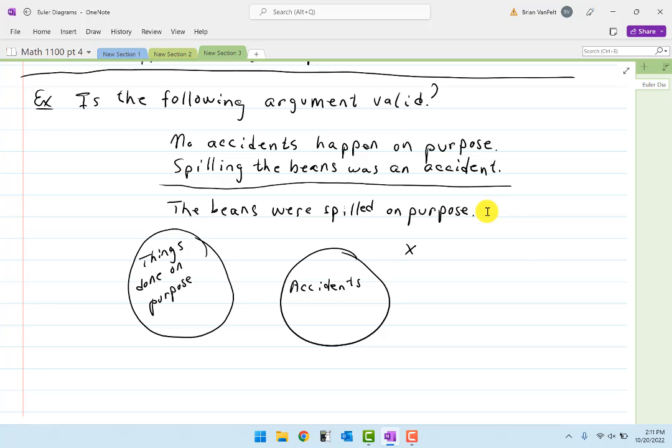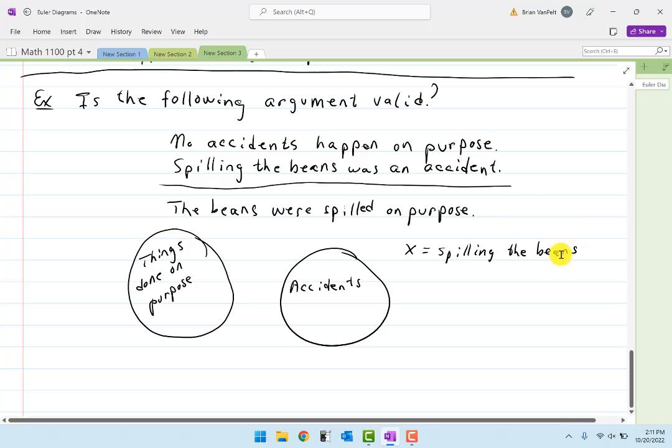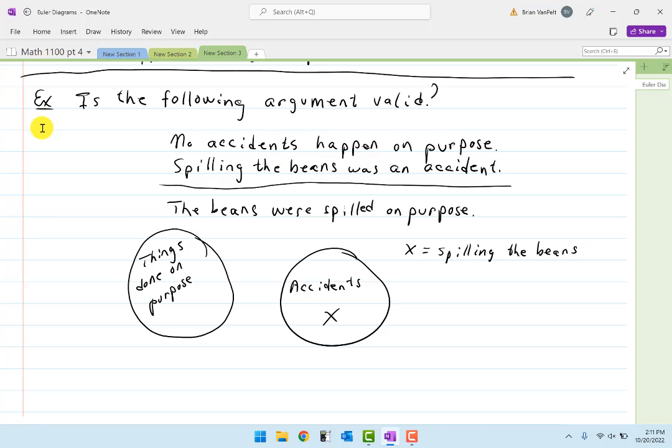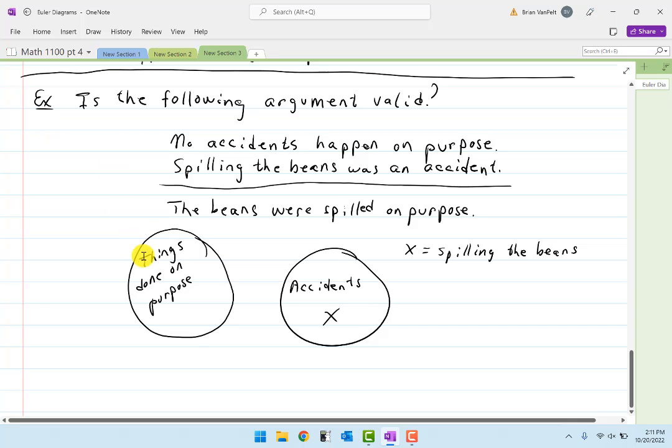Let's let X, just like you do in math, I'm going to let a variable stand for spilling the beans. Alright, so let's take a look. I am told that X, since it's spilling the beans, I am told that spilling the beans was an accident. That means X has to lie inside of that circle. However, that's disjoint from this circle, so it can't possibly follow from this circle because it's not inside of it.